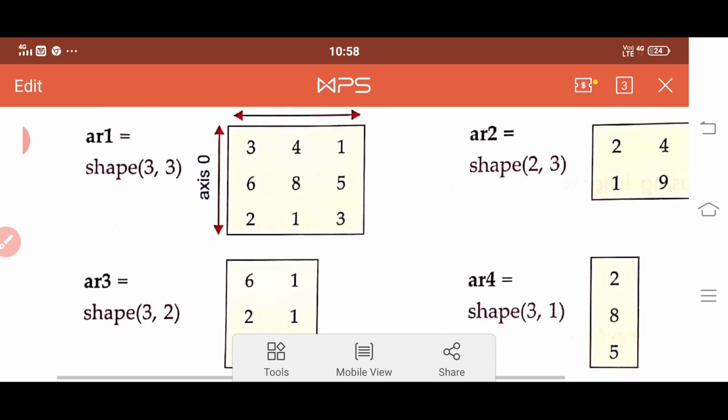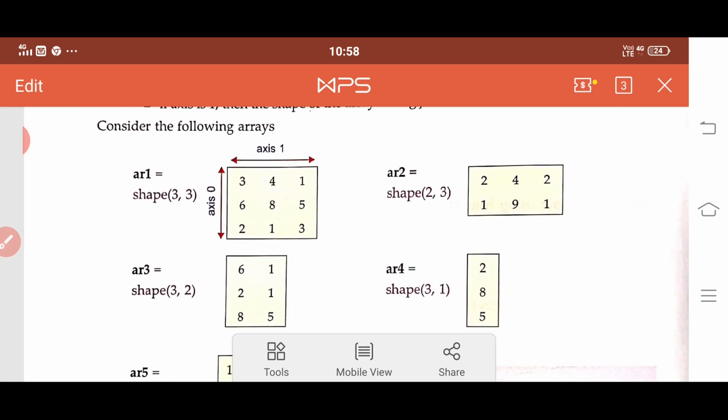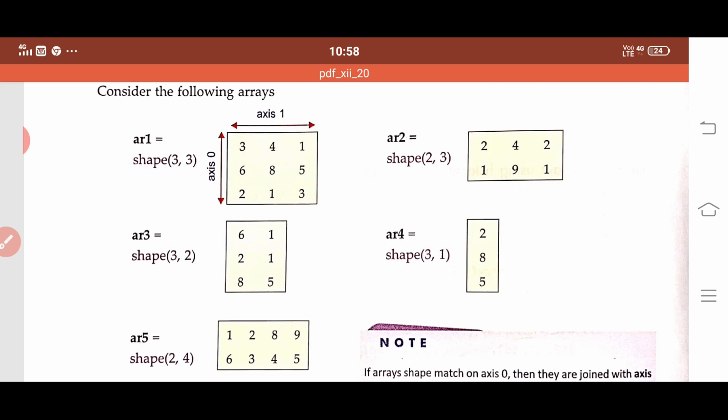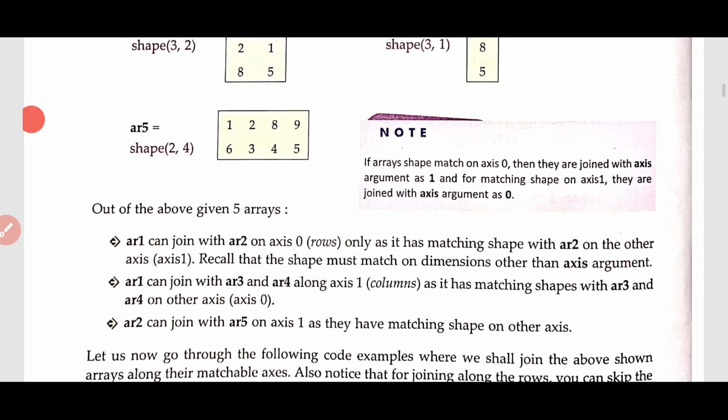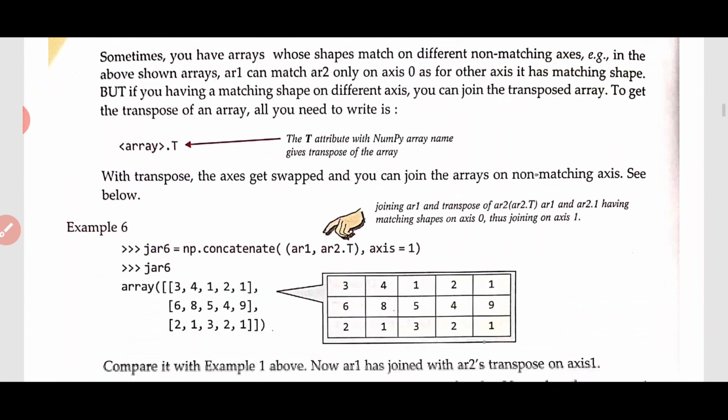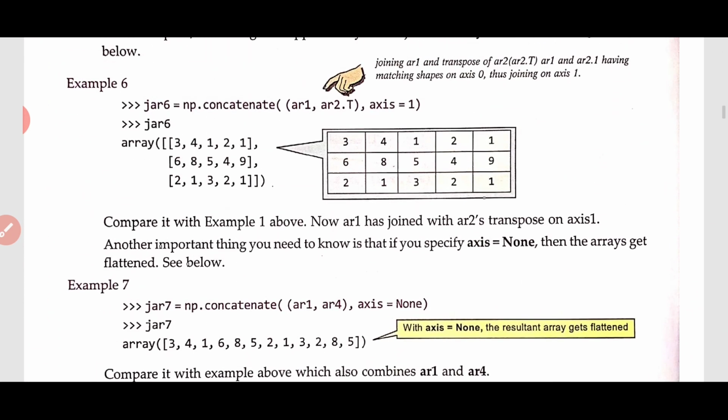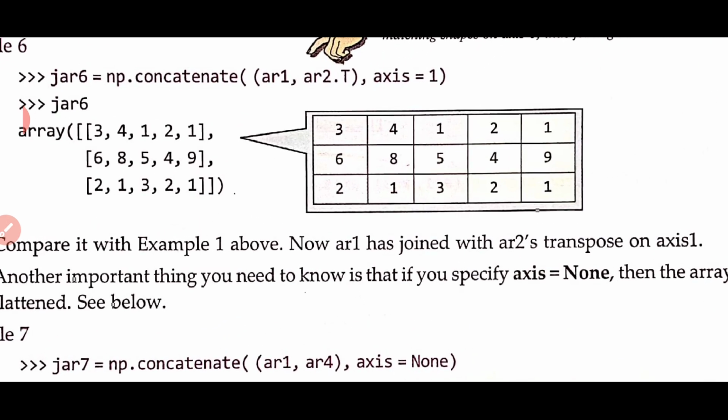This is the element of AR2 and how it is written. But due to transpose, the elements of AR2 are written like AR4. Due to T, the elements of AR2 are written on the vertical axis 242, 191.